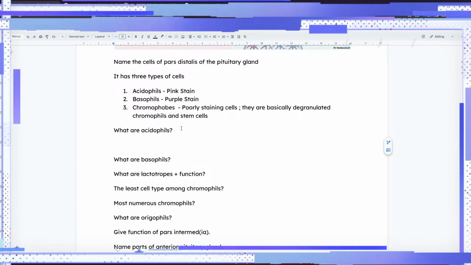Acidophils are nice, acidophils are cool, acidophils are fun. They are chromophil cells.